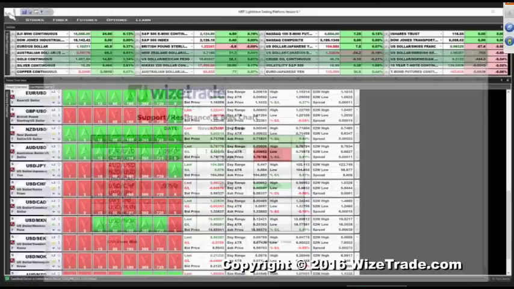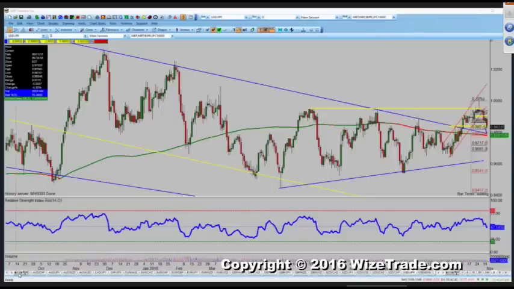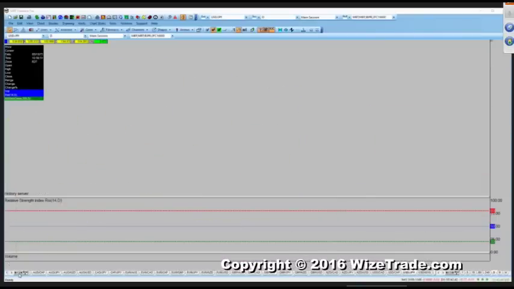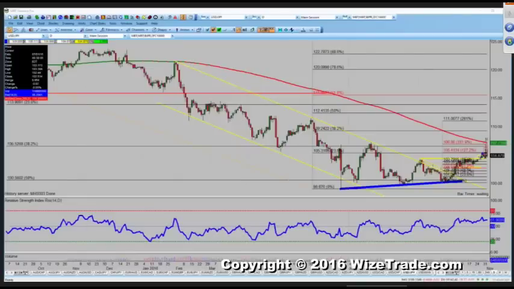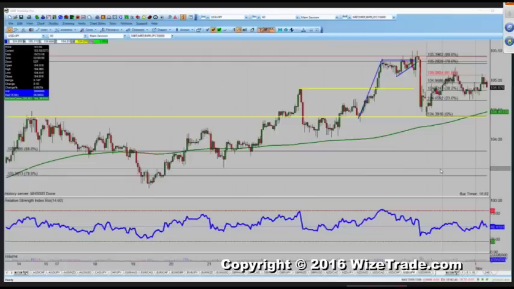Okay, dollar yen. Now the dollar yen is holding up well, even with bonds. Even with bonds rallying, yields falling, dollar yen's actually holding up pretty damn good. Have to admit.